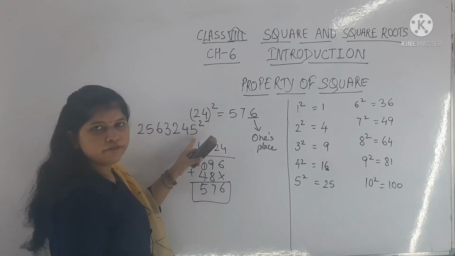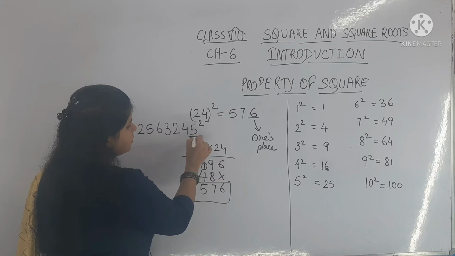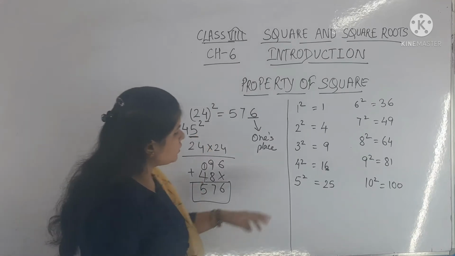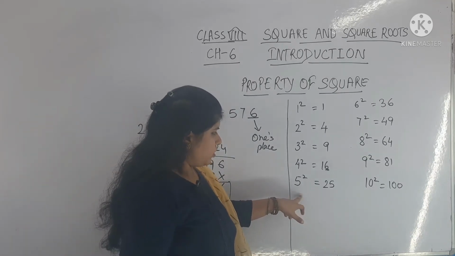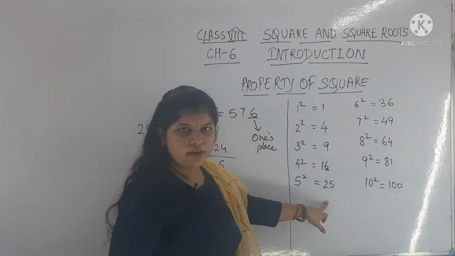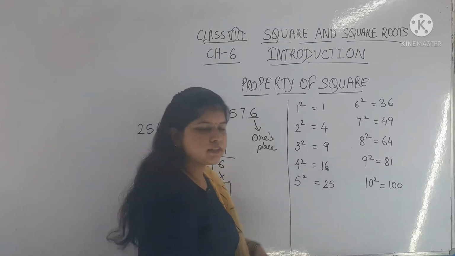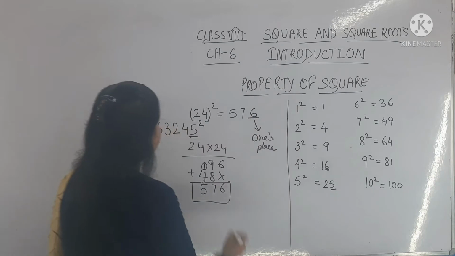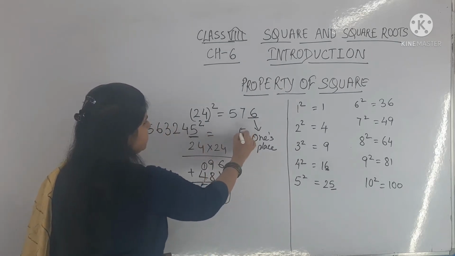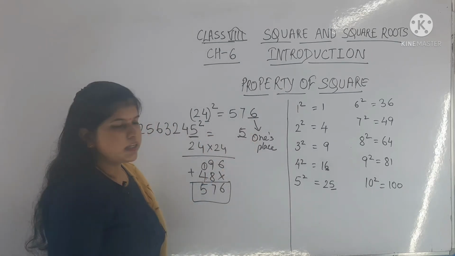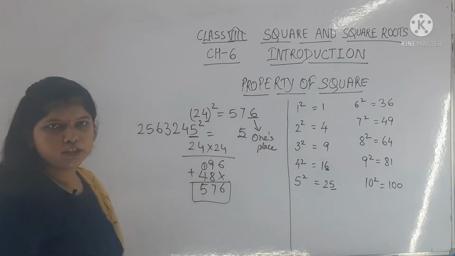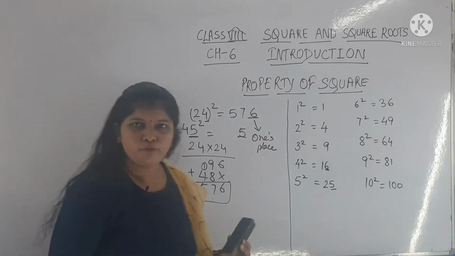So the ones place is 5. What is the square of 5? That is 25. So its ones place is definitely 5. Like this, you have the question also in exercise 6.1.